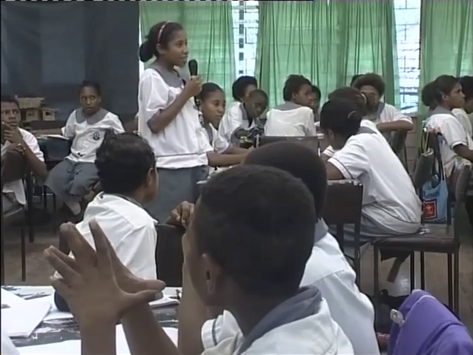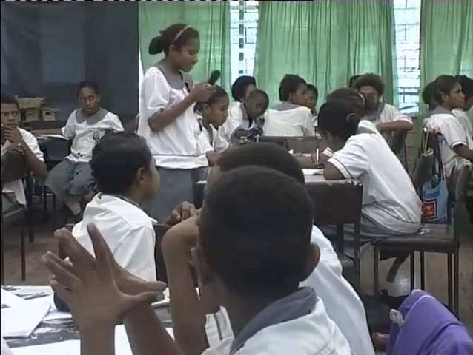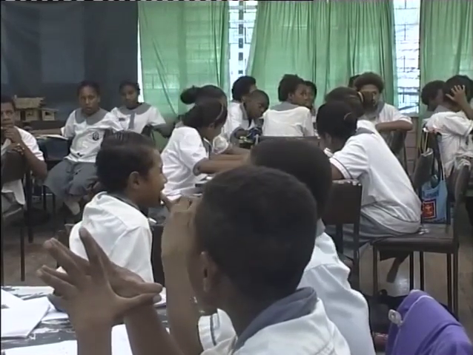Melisha. Because he usually has strength to push Samuel's hand out. Okay, because he has strength to push Samuel's hand. Very good. What else?